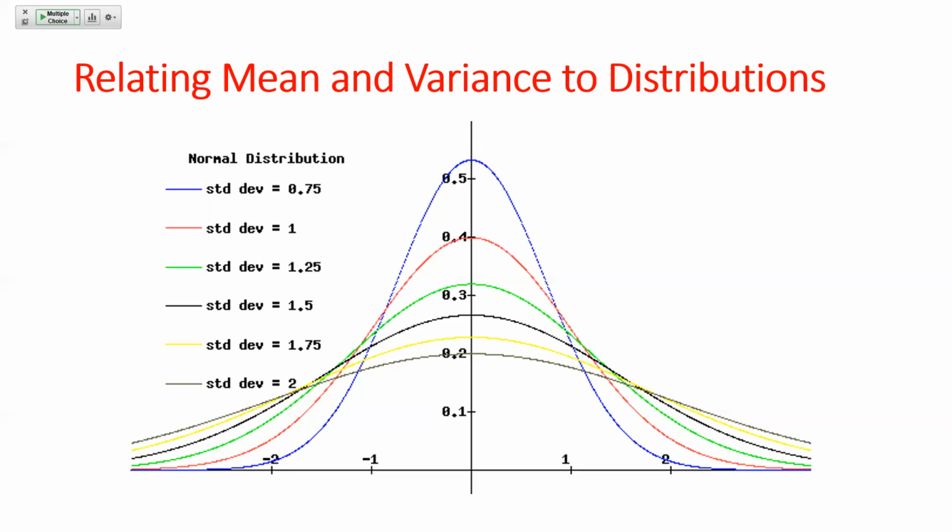If I had two distributions but different means, so let's say I've got something like this. And I've got group 2. But group 2 has a higher mean with the same variance.